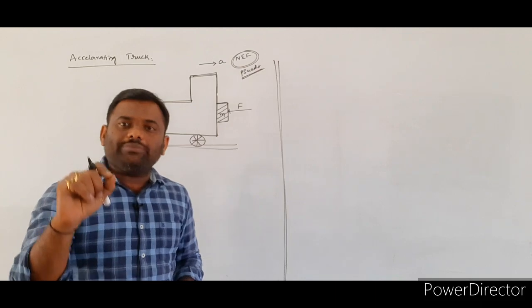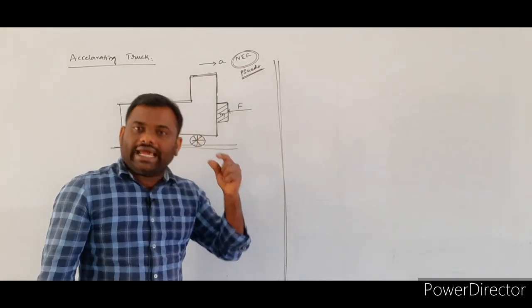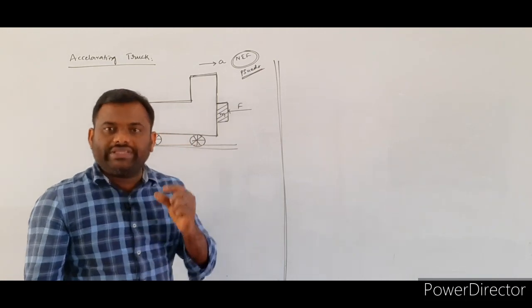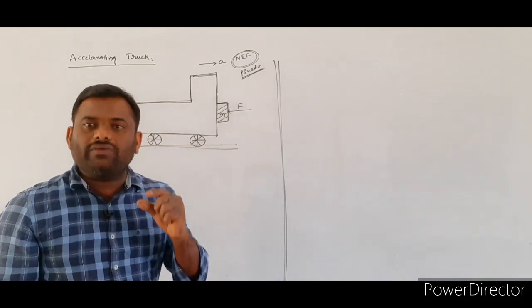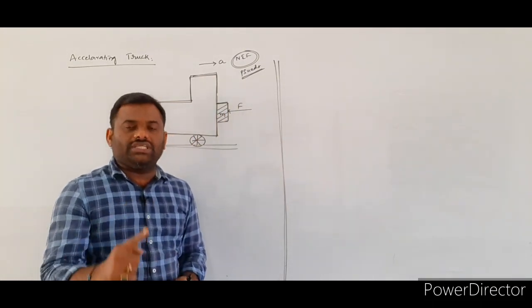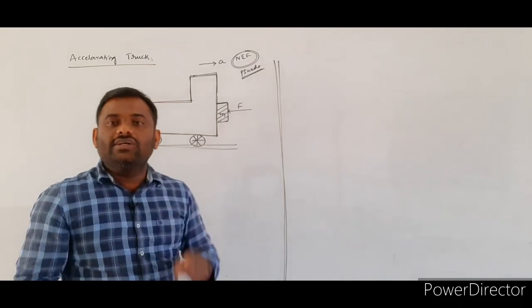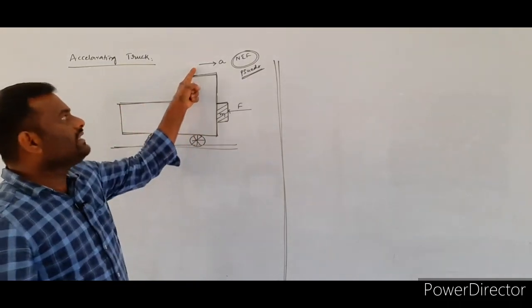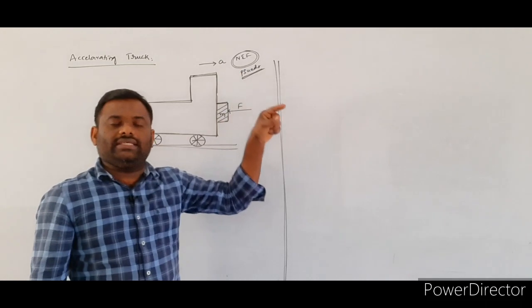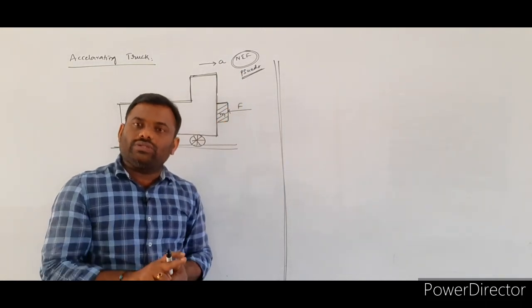To keep the object of mass m stationary with respect to the accelerating truck, they are asking with what acceleration the truck must accelerate. So we assume the required acceleration of the truck is small a, to keep the block stationary with respect to the truck.